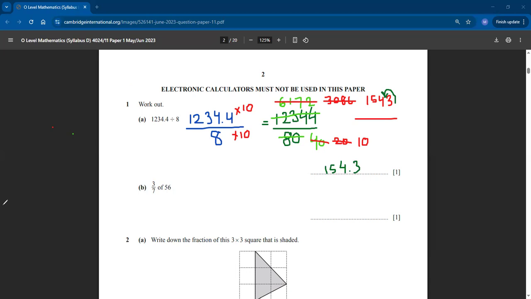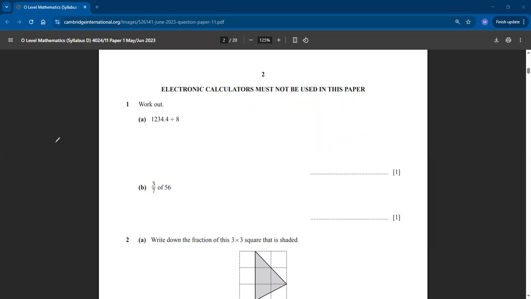Let's take a look at part B now. Part B says that we've got to find out 3/7 of 56. Now, this is very easy. What you're supposed to do when you have a question like this is that "of" means a multiplication sign. So just put in a multiplication sign, and for 56, you're supposed to do 56 divided by 7. Whatever answer you get, you're going to multiply that by 3.